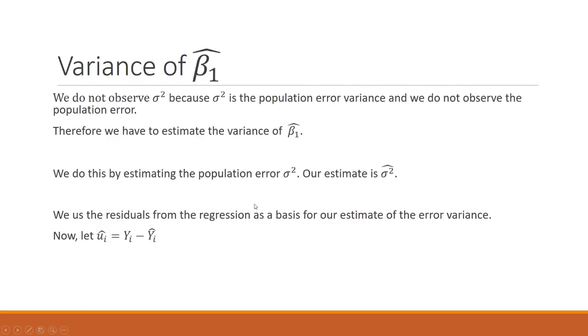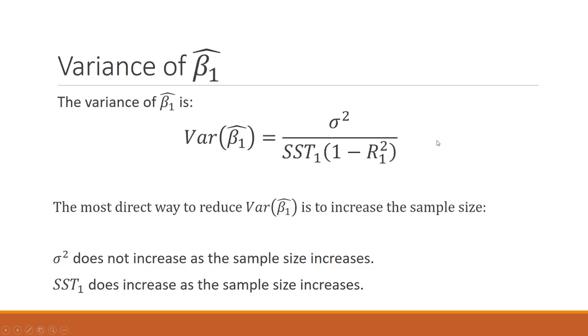All right. Now, this is the expression for the variance of beta 1 hat. When we look at this, we actually have a problem. The problem is that sigma squared is the variance of the error term, the error term from the population regression function.